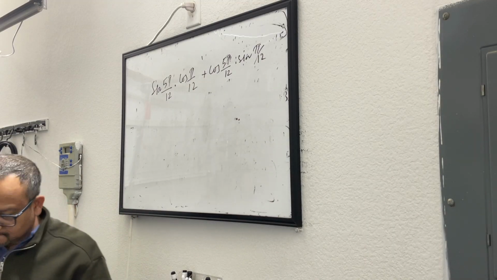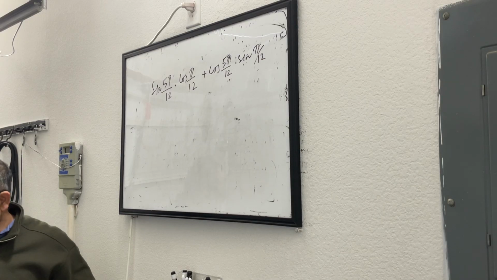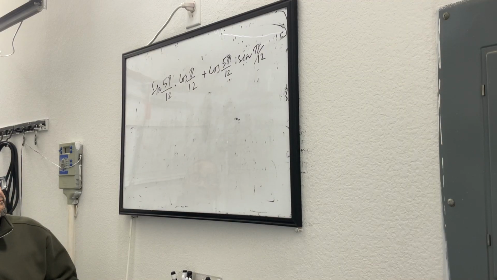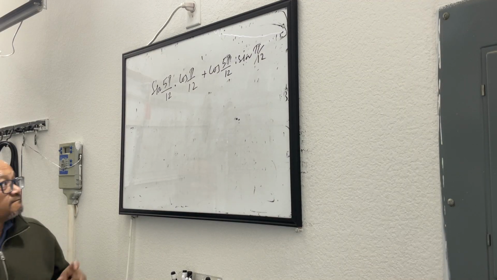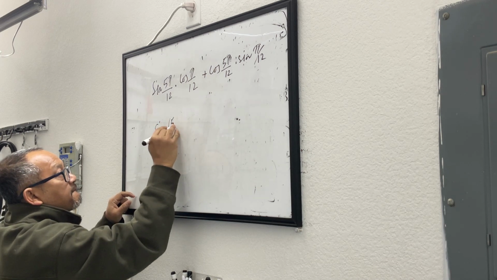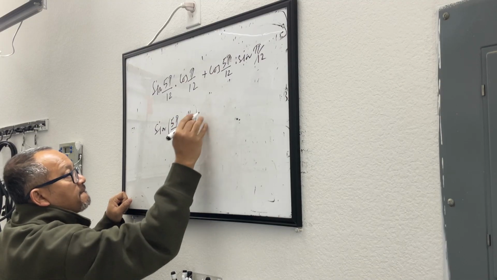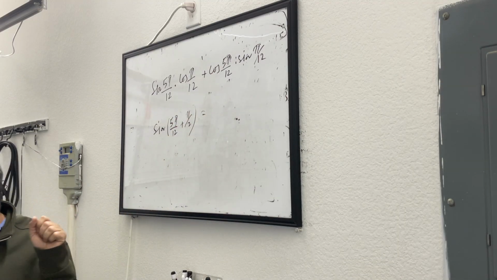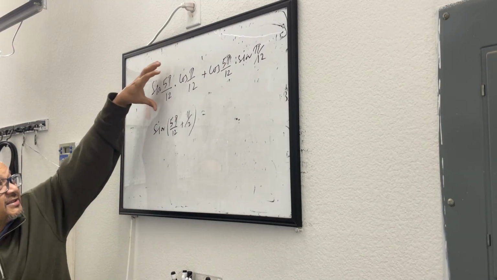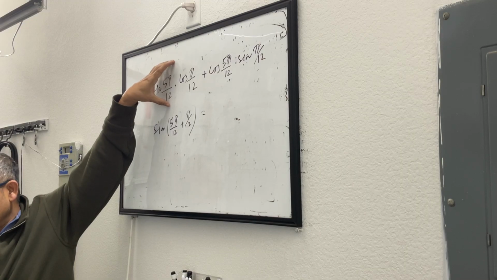So this is the sine of A plus B. And sine of 5 pi over 12 plus pi over 12 is 6 pi over 12, which simplifies to pi over 2, and sine of pi over 2 is 1. How much time did you take? 30 seconds? See? The 10 seconds that you invested to think about it is where the magic lies.